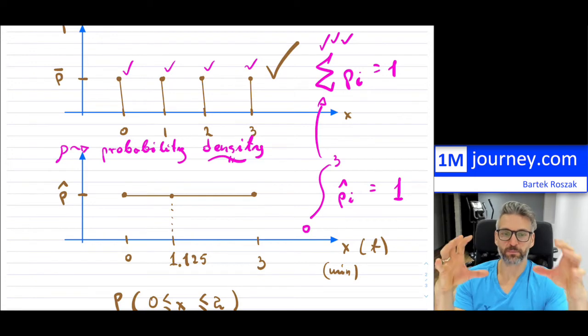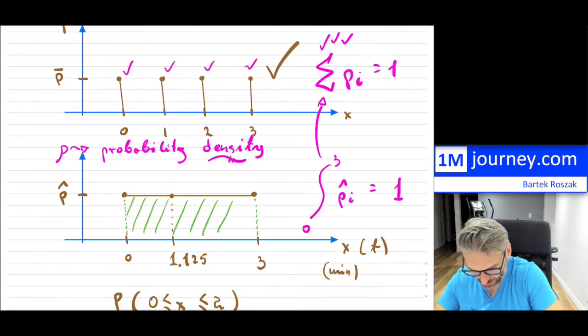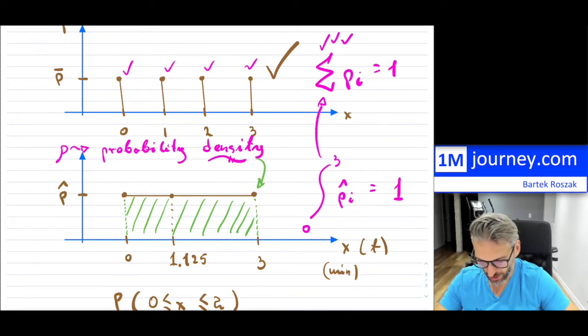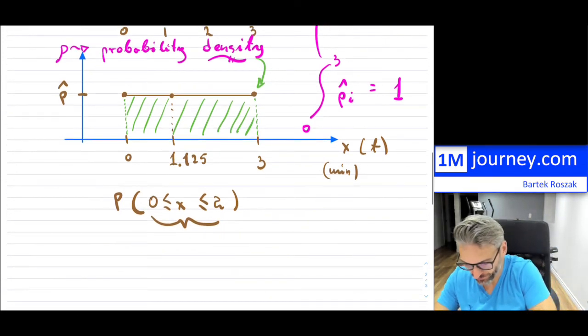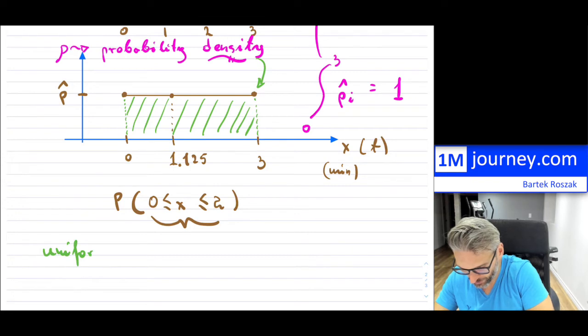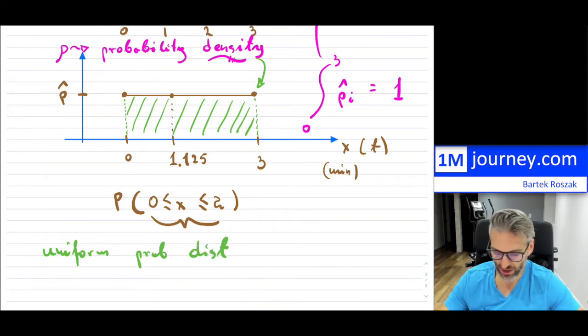Now, what does that summation mean? That summation is actually the area under this curve. You are starting from here to here, and you are finding what the area of the entire thing is, because you have your density. Because it's a uniform density in here, this is actually a uniform probability distribution, and it is continuous.